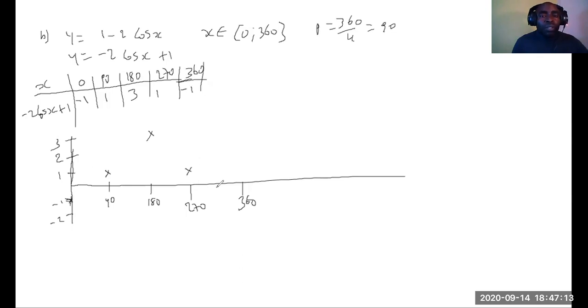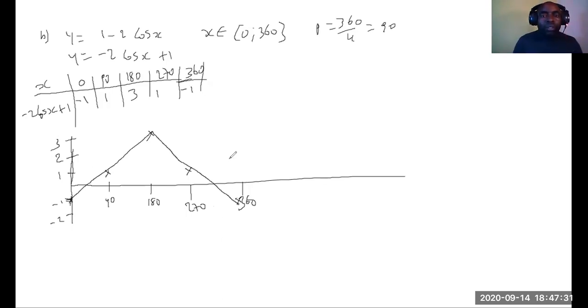And 360, I've got negative 1. So then I'll go up there and come down. So that will be my graph.